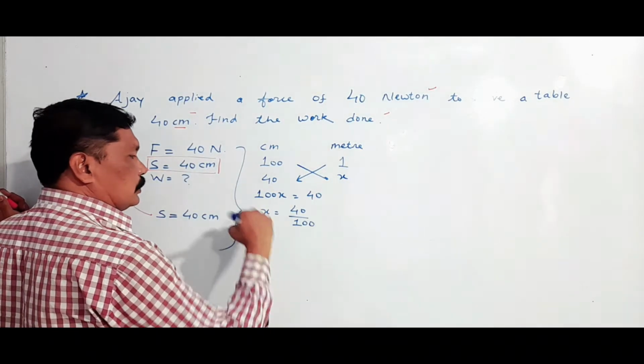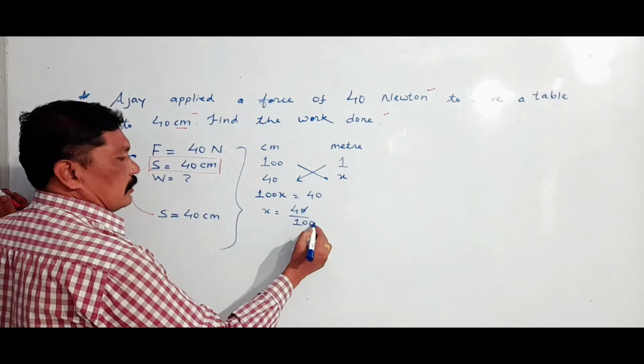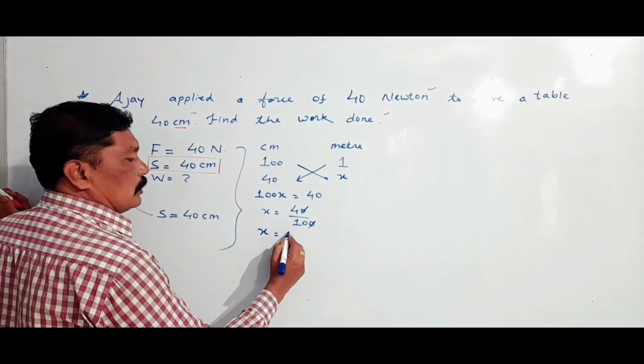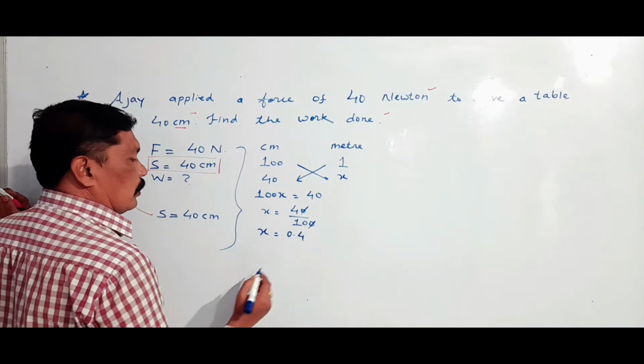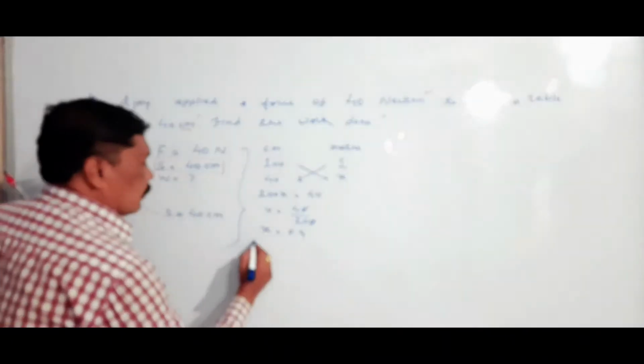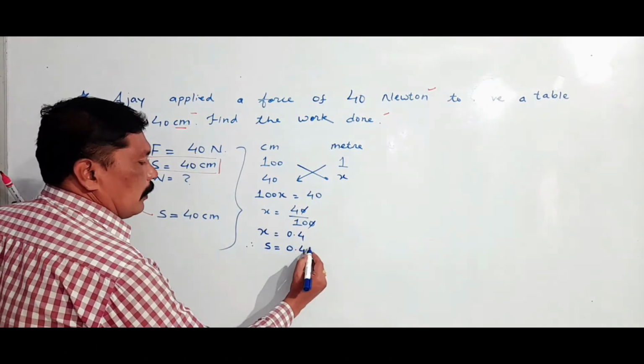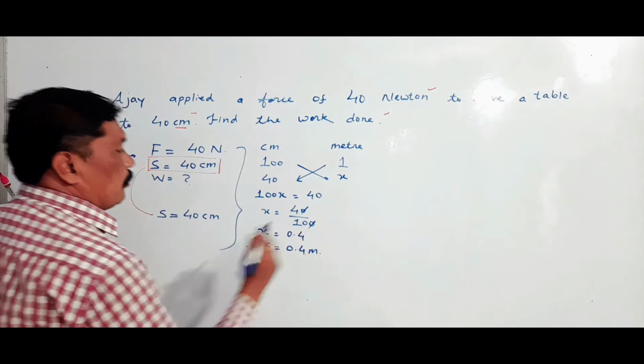So two zeros cancel. X is equal to 0.4. Therefore, displacement is equal to 0.4 meter.